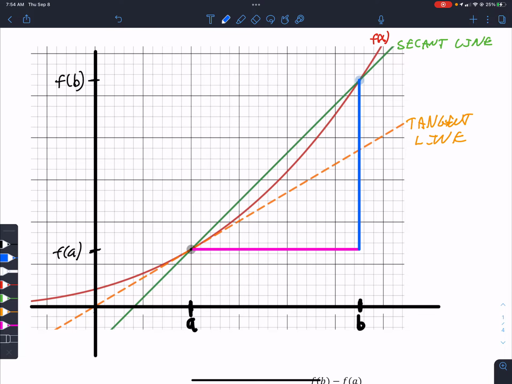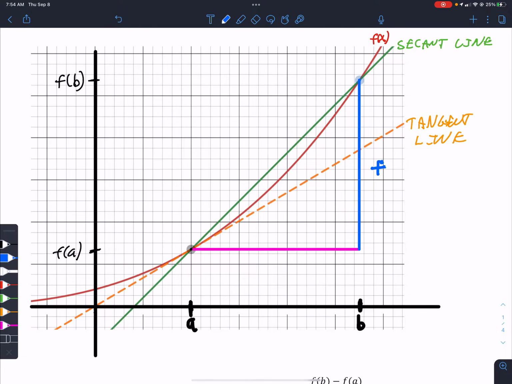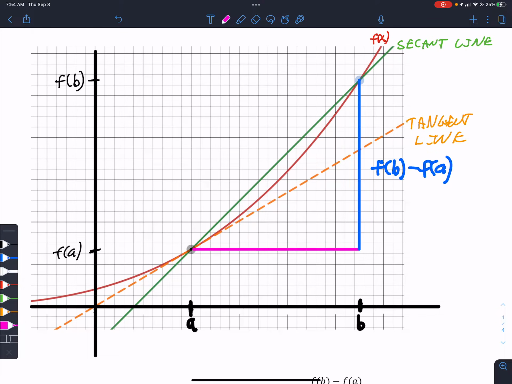So that length is f of b minus f of a. And similarly, we want to find the length of the run. Well, you take the bigger number, b, you subtract the smaller number, a. So that's just going to be b minus a.